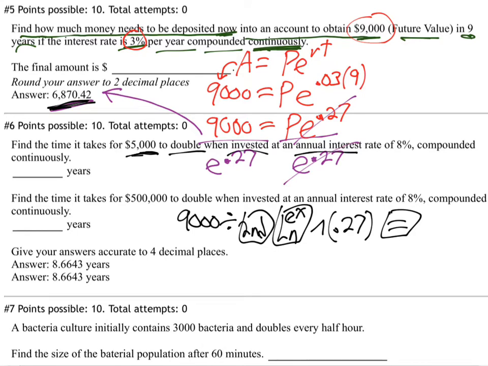All right, so number 6, find the time it takes for $5,000 to double when it's invested at an annual interest rate of 8% compounded continuously. So there's continuous compounding again. And so we want to figure out the time for doubling for continuous compounding. So let's go back here where we have some room.